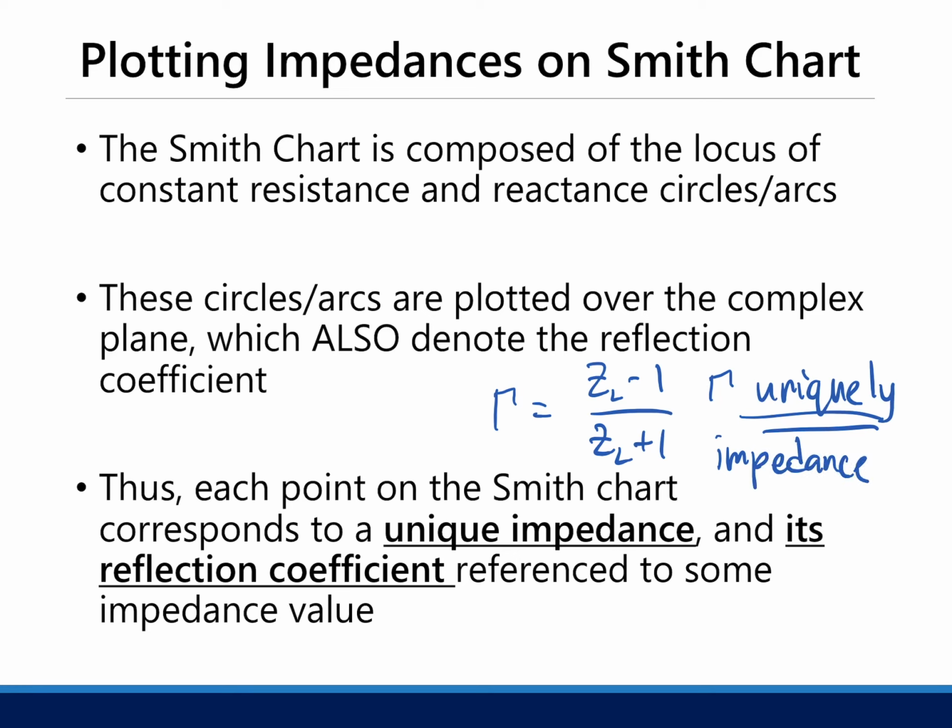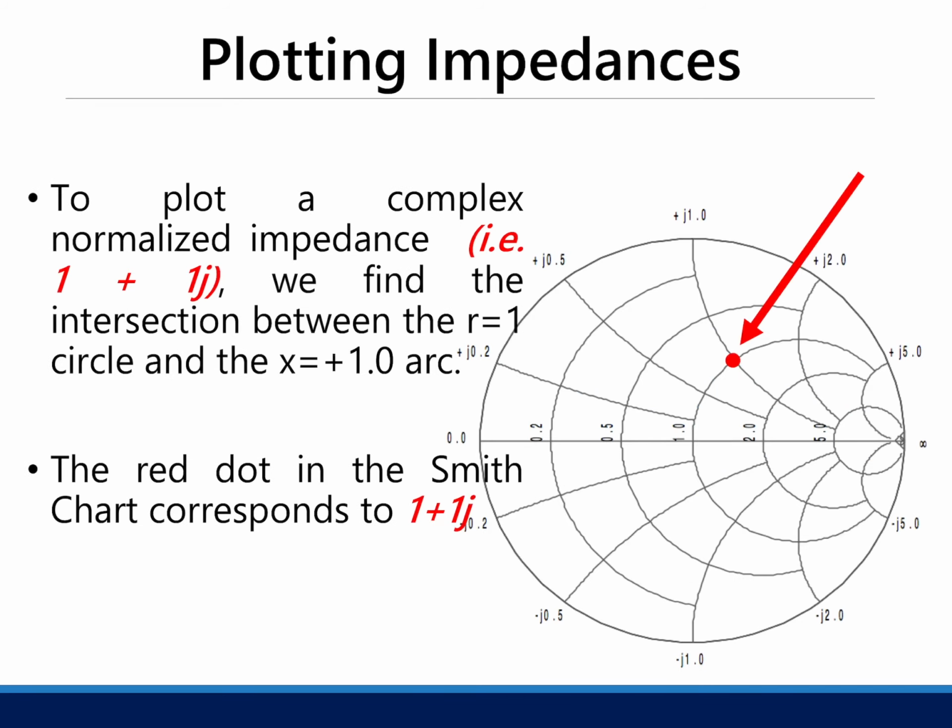So taking advantage of that fact, any point on the Smith chart corresponds to a unique impedance. The impedance here won't be equal to the impedance here, and it won't be equal to this impedance here, and so on and so forth.